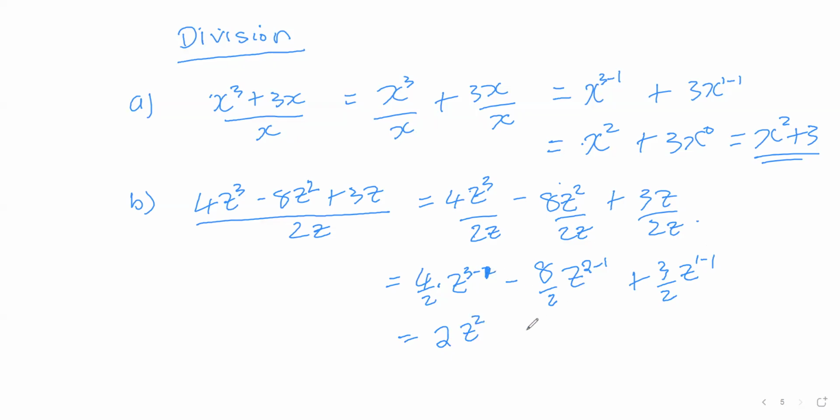It's 3 minus 1 is 2. Minus 8 divided by 2 is 4, z to the 1 plus 3 over 2 z to the 0. Okay, so our final answer is 2z squared minus 4z plus 3 over 2, since z to the 0 is equal to 1. So that's the first way of dividing if it's directly divisible like this.